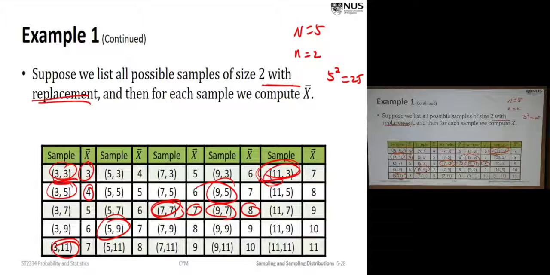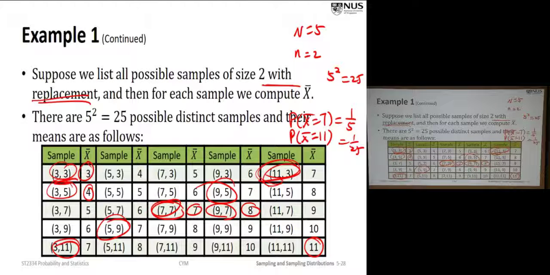In other words, the probability of x bar equal to 7 is 1 over 5. How about the probability of x bar equal to 11? I check, and only this one gives you that, so it is 1 over 25. So you consider all these and then you are able to compute how x bar behaves.